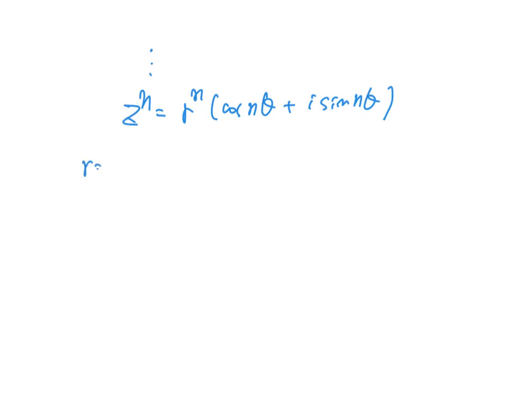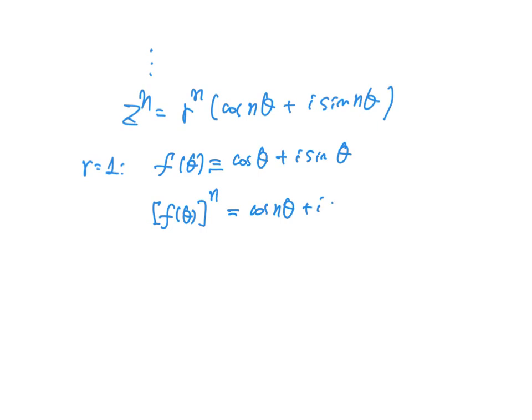So say r is equal to 1, and we say f of theta is cosine theta plus i sine theta. Then f to the n is cosine n theta plus i sine n theta, which is f of n theta.